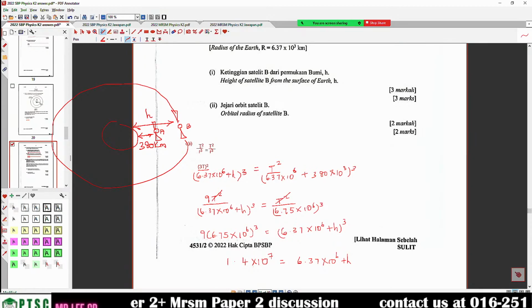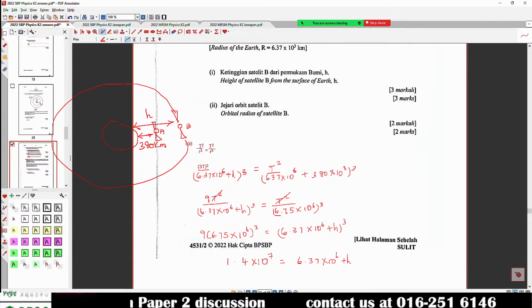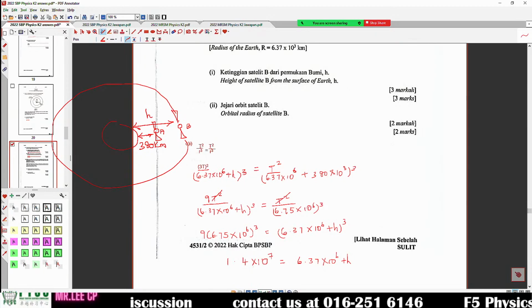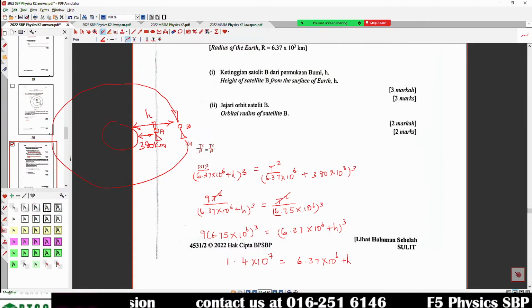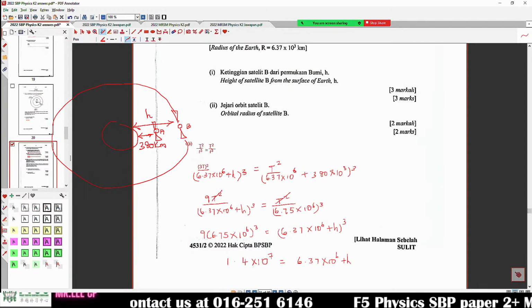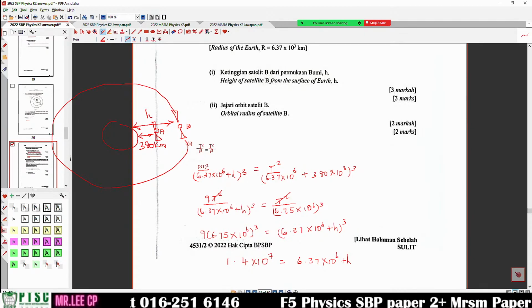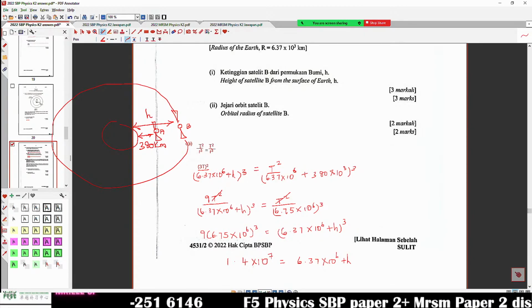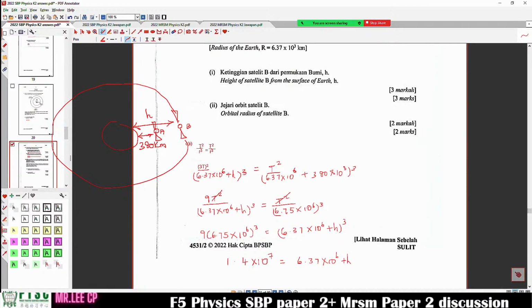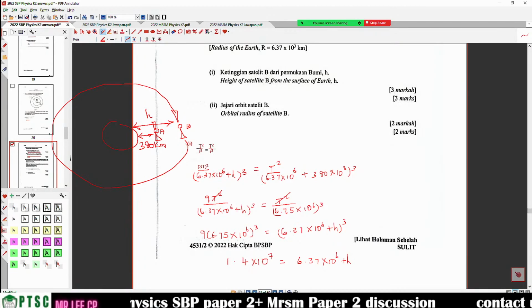Wait, let me double check what I got wrong. 9 times 6.75 exponent 6 cube, equal, right? And then I need to cube root.